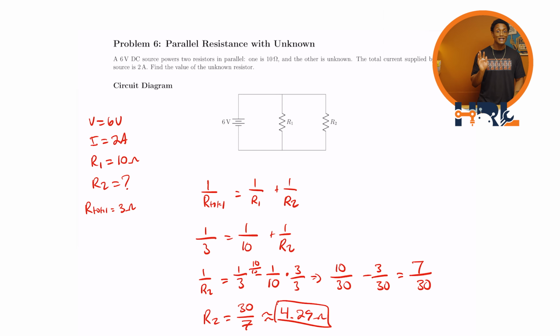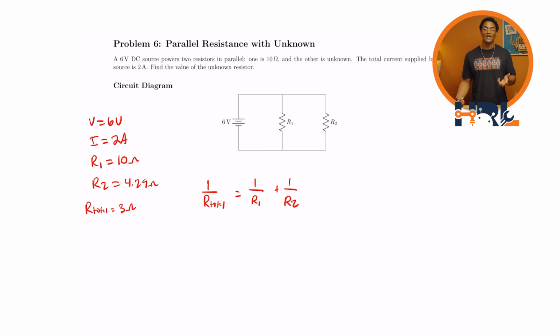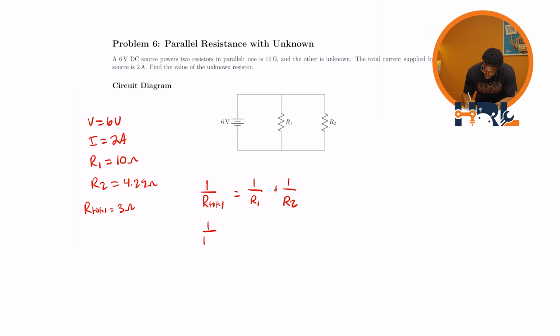Before we move on though, let's do a simple check to make sure our values are 110% correct. Using the same parallel circuit simplification equation, we'll see if we get the same resistance of R total equal to 3. So 1 over R total is equal to 1 over 10 plus 1 over 4.29.